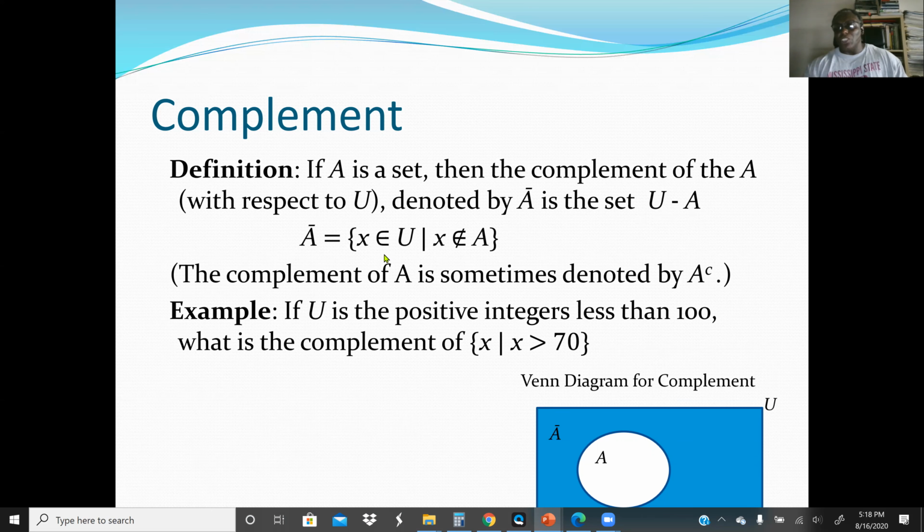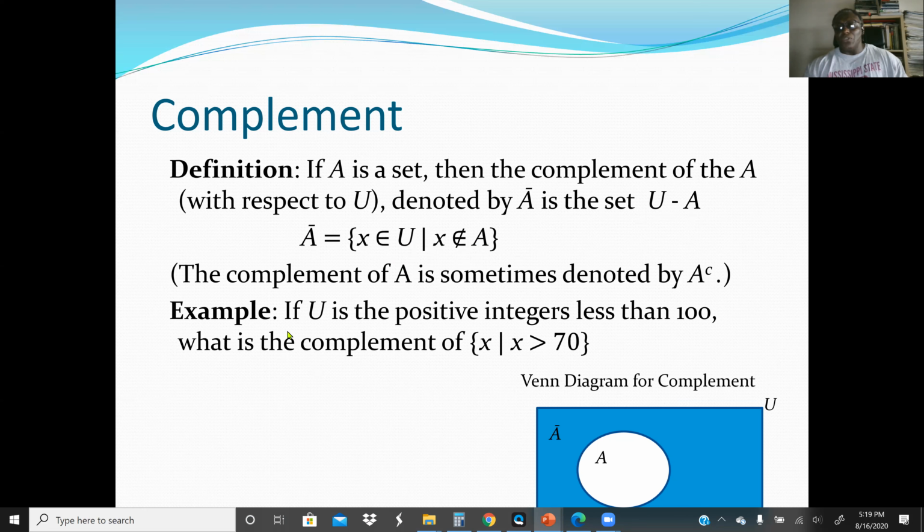And we can see the expression here: if x belongs to the universal set, then the complement of A is all the elements that are not in A, or don't belong to A, or are not a member of A. So again, A complement is the elements that are not in A.